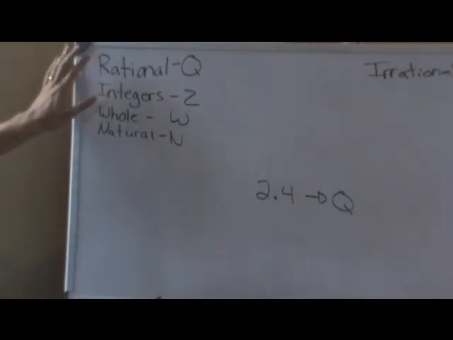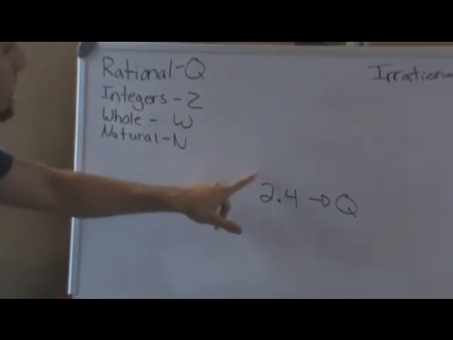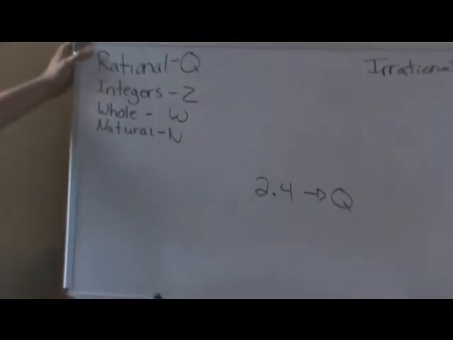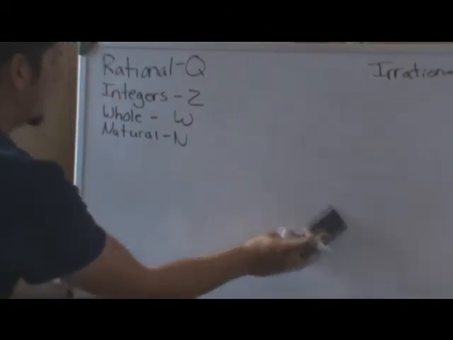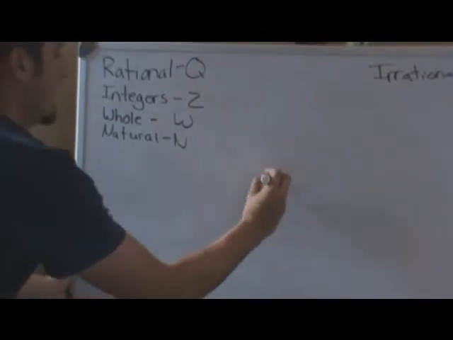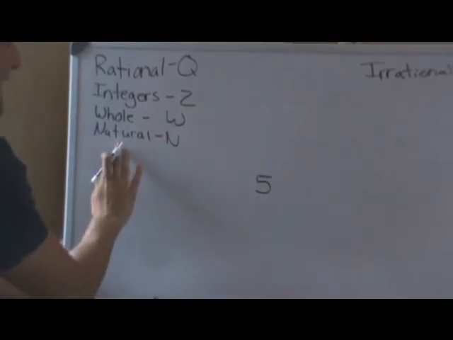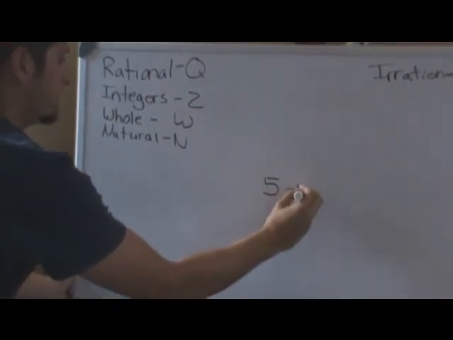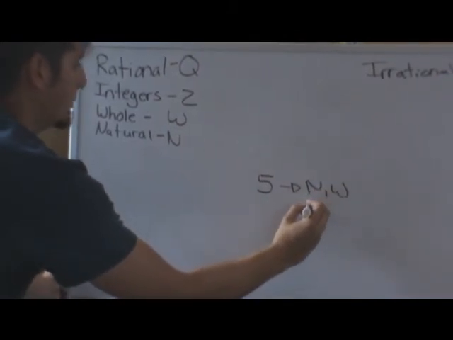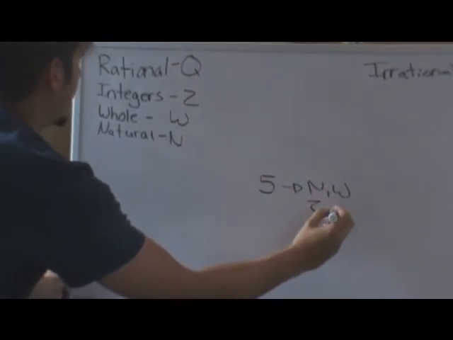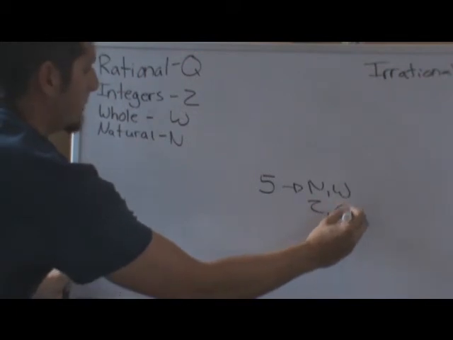But 2.4 can be written as a fraction, so it is a rational number, so it'd be in the rational group. If I took 5, it is a natural number, so that means it's also a whole number, it's also an integer, and it's also a rational number.